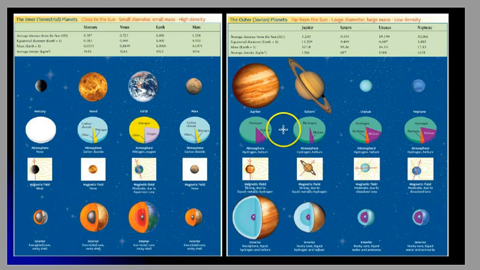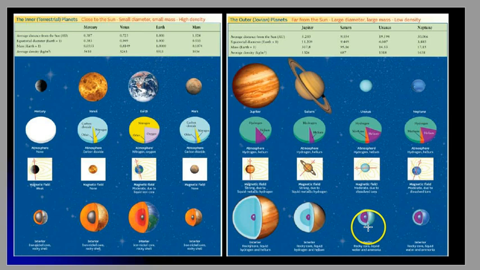Then you get to the Jovians. Inside of these, there's a core at the middle, and then there's liquid hydrogen and helium. And again for Saturn, a core at the middle, then liquid hydrogen and helium. And for the outer planets, that core is a rocky core, not an iron nickel core like ours.